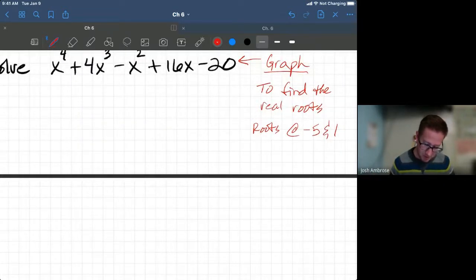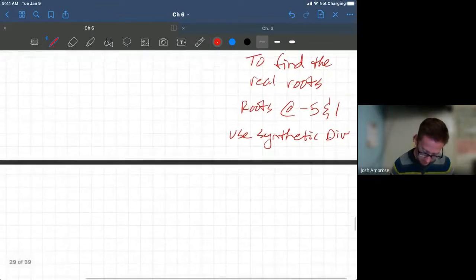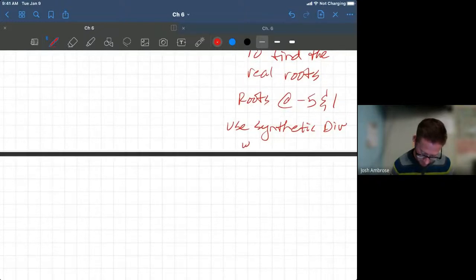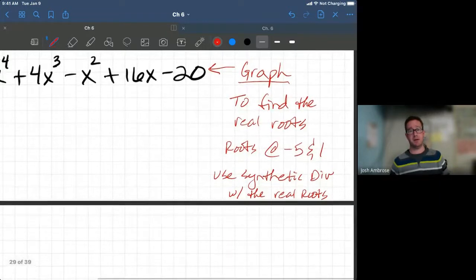We have to use the -5 and the +1. And now we're going to use synthetic division with the real roots. That's the whole purpose of graphing it.